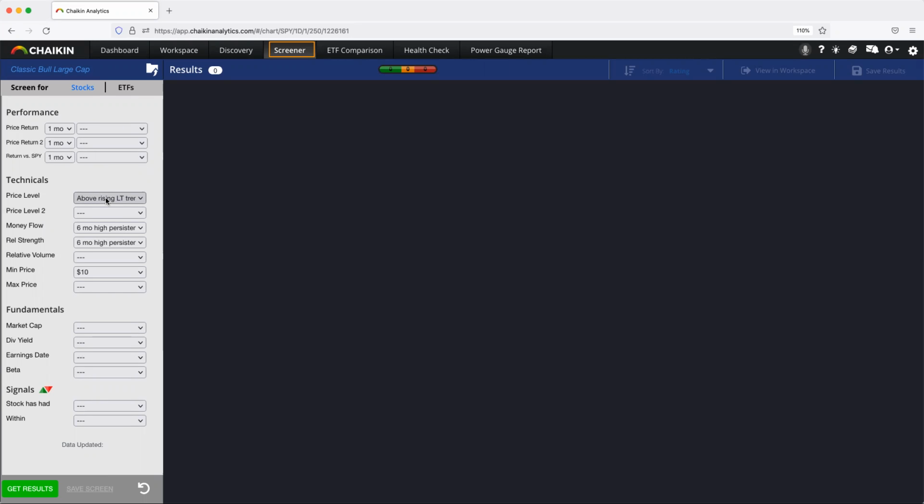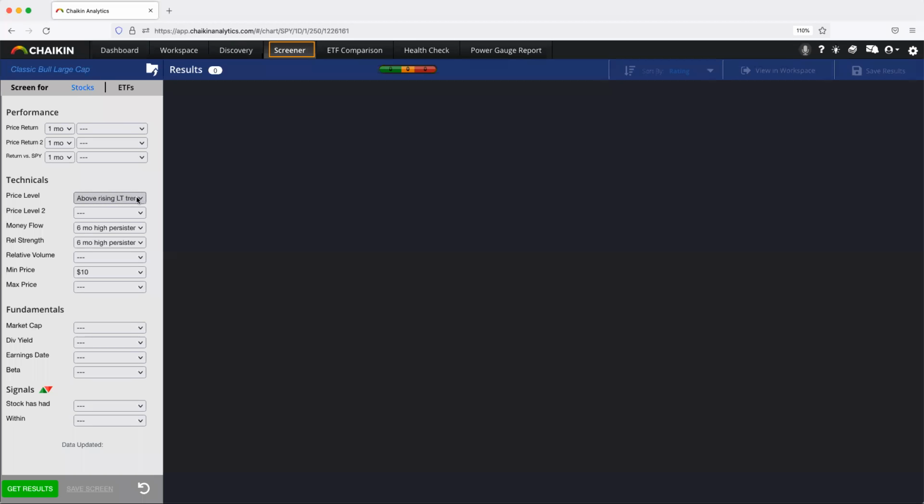A stock that falls below the long-term trend line in Chaikin Analytics, that's the orange or cinnamon color line, our 200-day double exponential moving average, a bullish stock that closes below that line is no longer bullish. It's now neutral plus.